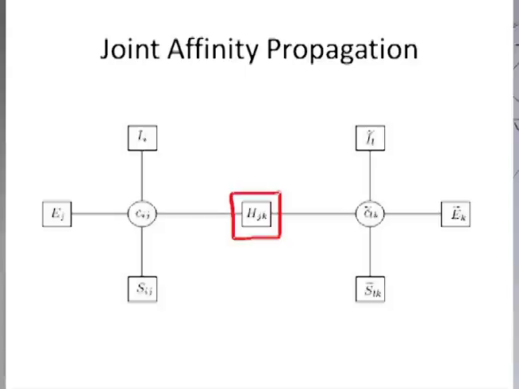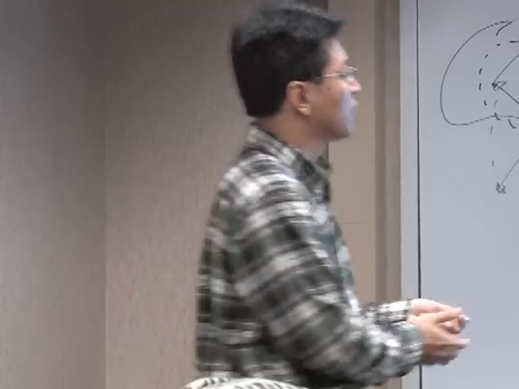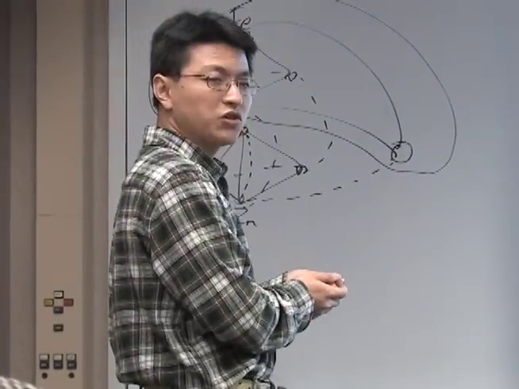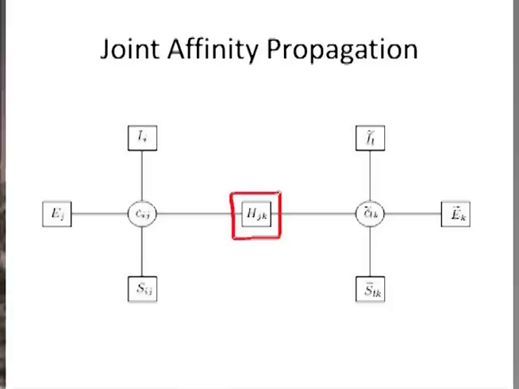If you look at this part, this represents the node clustering. And this HJK is really the big constraint. I'm saying, if I is assigned to the jth edge cluster, so HJK has two indices: J refers to the edge cluster example, K refers to the node cluster example.